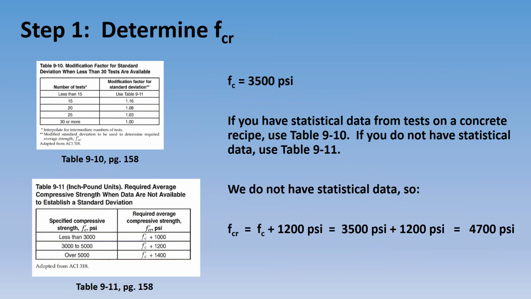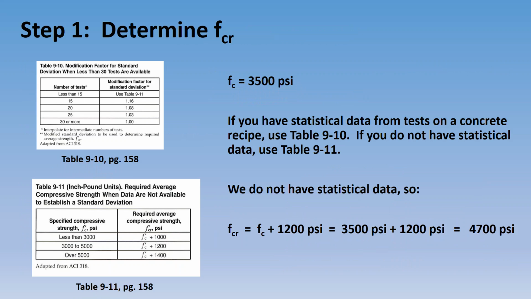If you have statistical data on prior mixes of this recipe, if you've done this recipe and you've tested cylinders and you know what kind of compressive strength you can expect to achieve out of it, you can use Table 9-10.